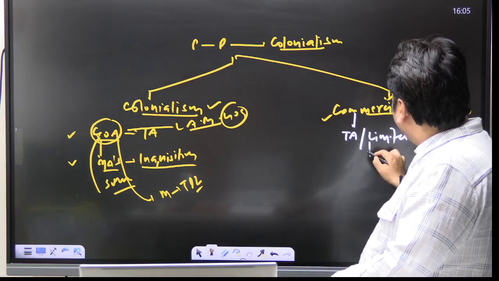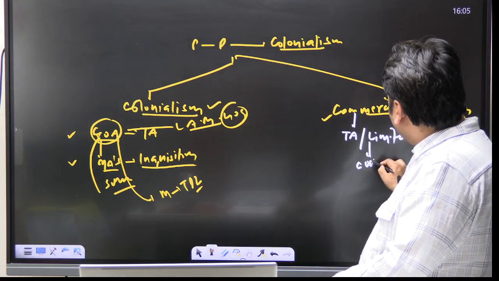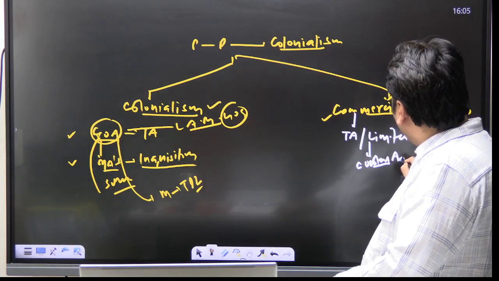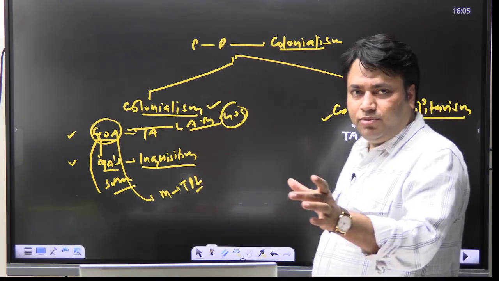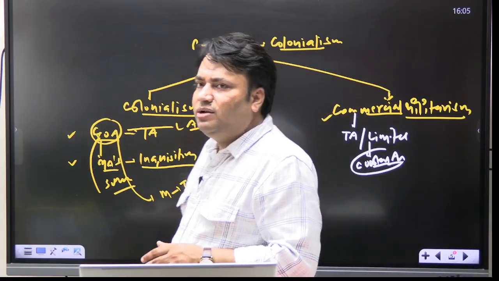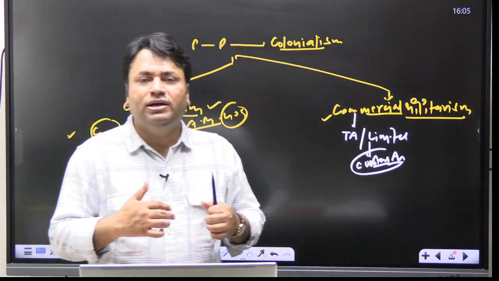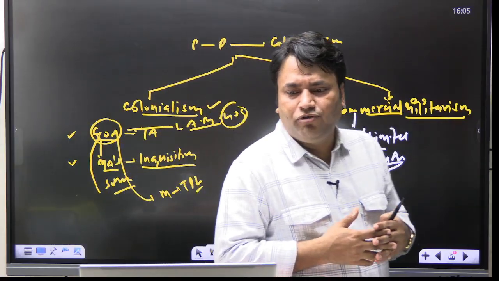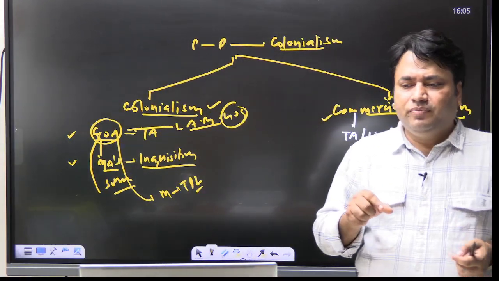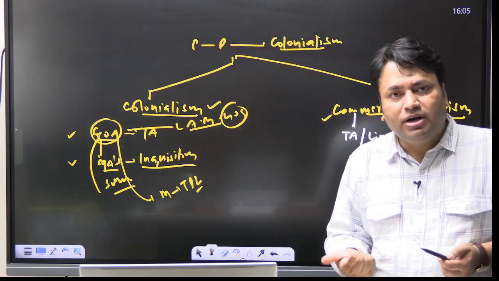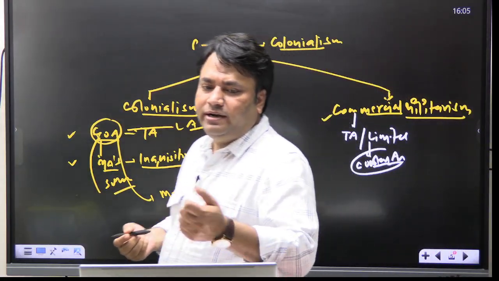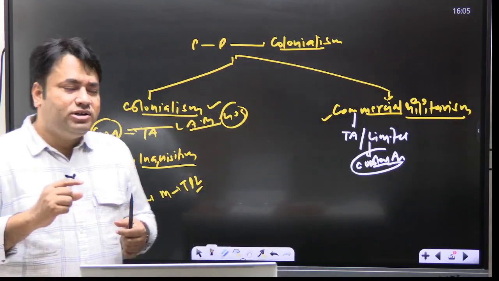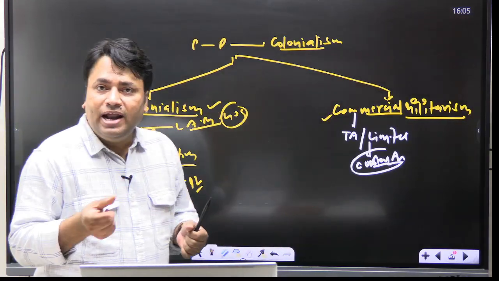They were more focused on establishing control over the coastal areas. This is an important point. The second important point is that the Portuguese did not try to penetrate deeper into the interior parts of India like the British did. The Portuguese did not try to develop a land revenue system.